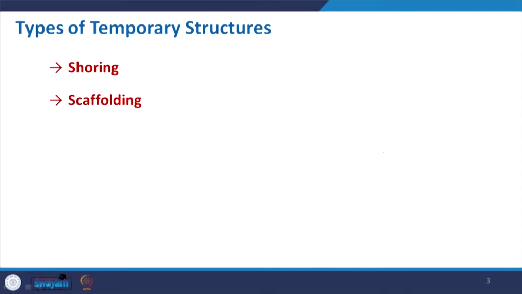If I broadly classify the temporary structure, we will have two categories: one is shoring, the other is scaffolding. We have to understand each of these terms very carefully, and know the different types of shoring and scaffolding and the difference in their purpose. Shoring is basically used to support your building, either when it is unsafe or to give initial support to a building under construction.